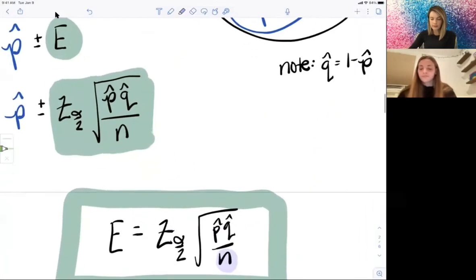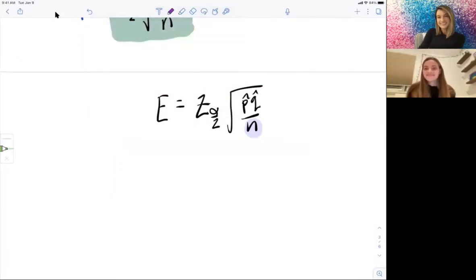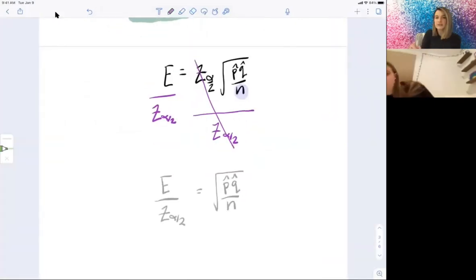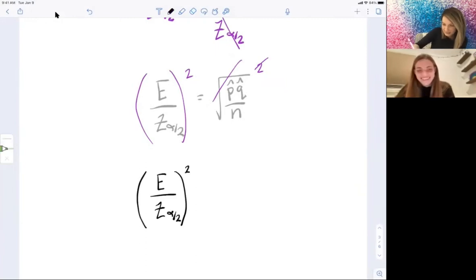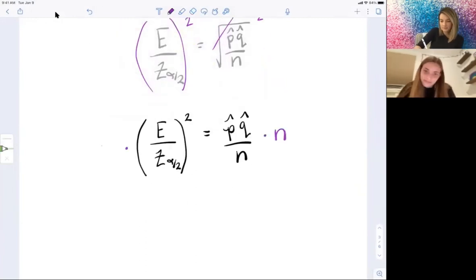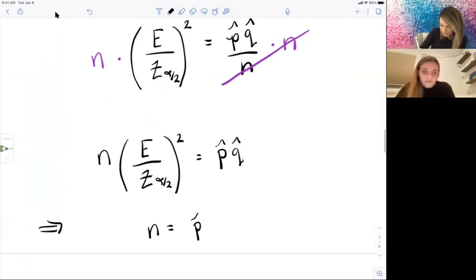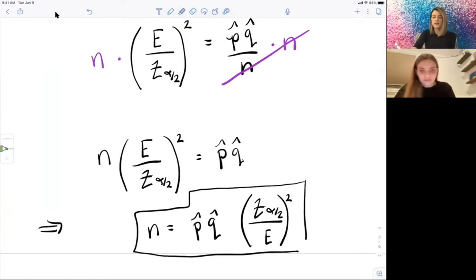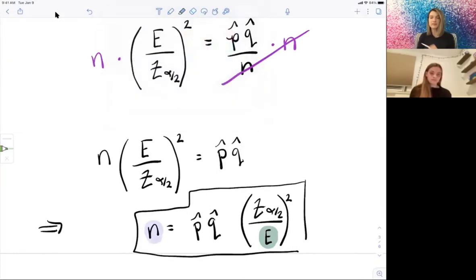So quickly, one more time, let's do some algebra. Okay, so you tell me the margin of error you want. I'll substitute it in there, and I will tell you what sample size you're going to need in your study.